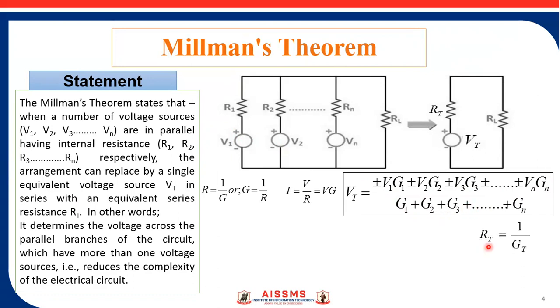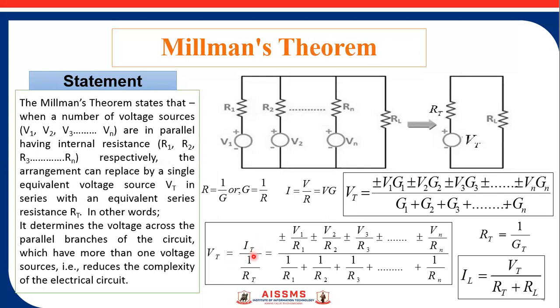RT is equal to 1 upon G total. IL equals Vt divided by RT plus RL, the current.